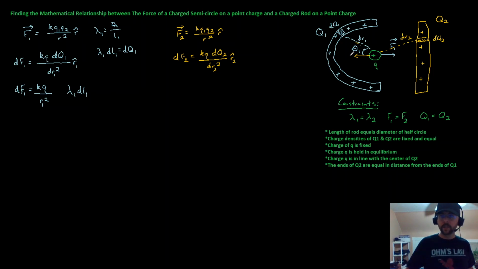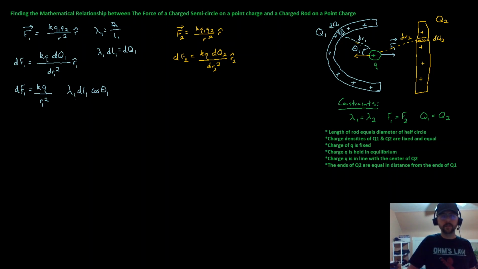So cosine of this theta will represent the direction of this line. The direction of the line r will be represented by cosine of theta as we move around this circle. So we're going to change r hat to cosine of theta 1. And that's enough for this side.